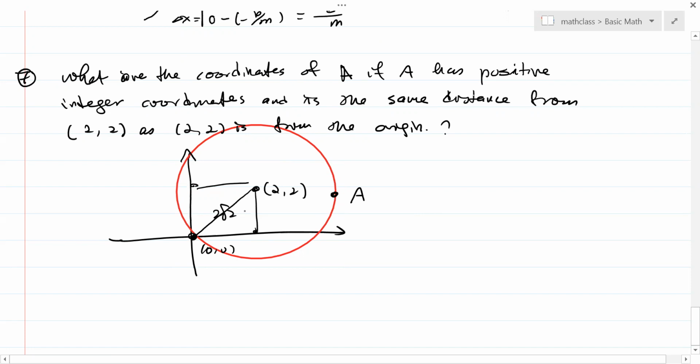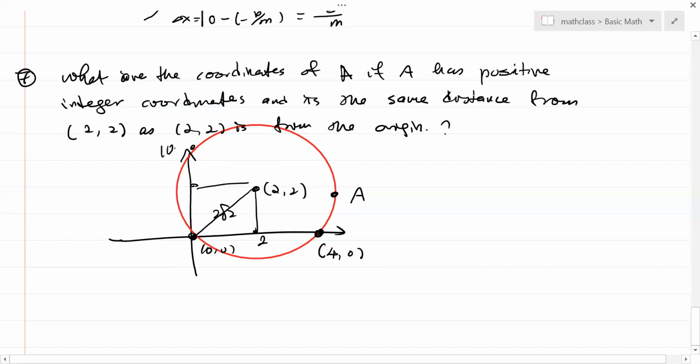But only a few of the points have positive integer coordinates. This is also a point, right? What is that point? 4 and 0, because this is 2.